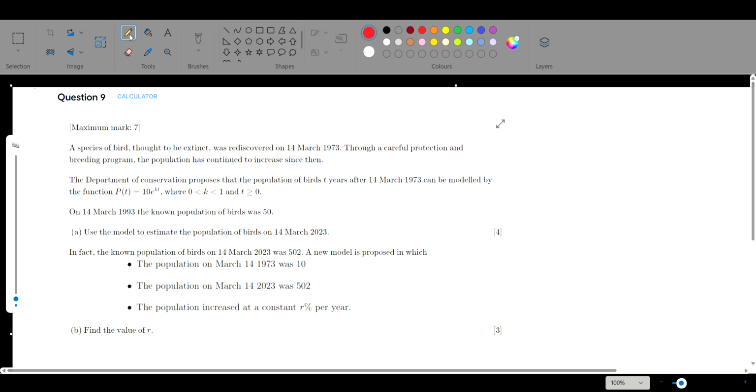Did you get the question while reading it? Use the model to estimate the population of birds on 14 March 2023.